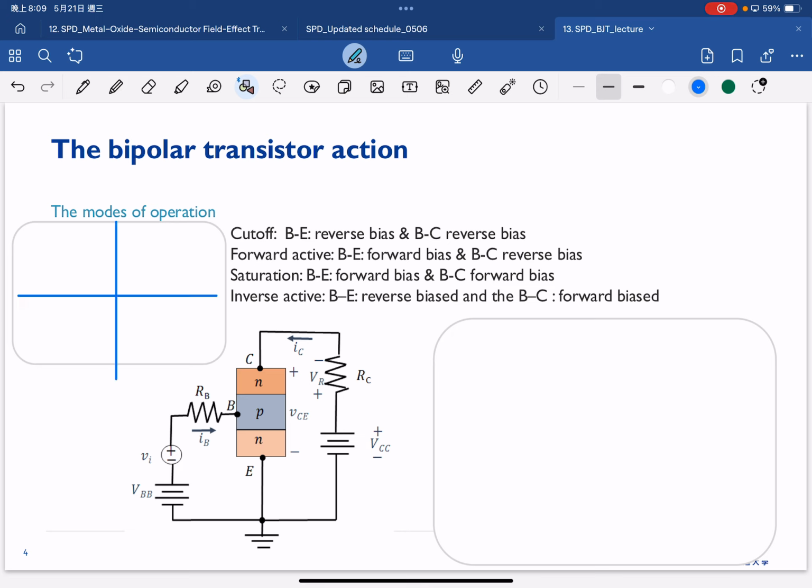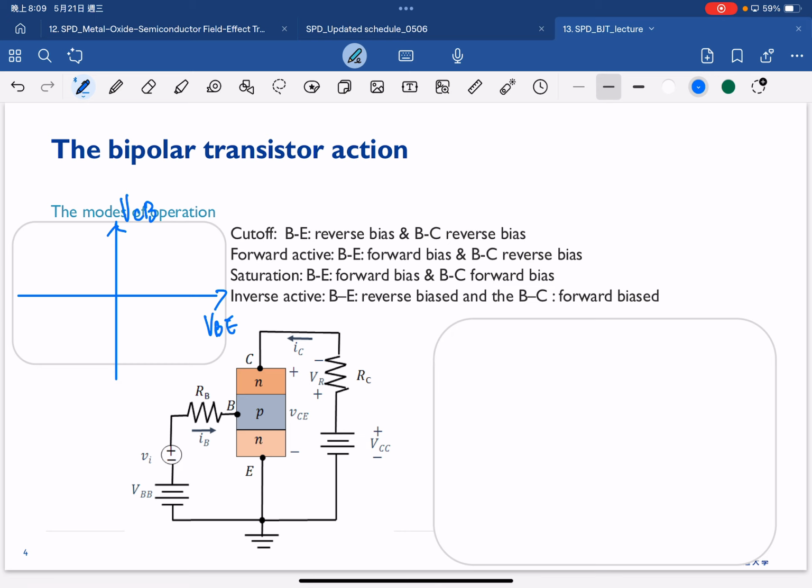First of all, because we have two PN junctions here, we have to consider the bias between the collector and base, which we call VCB, and the bias between the base and emitter, which we call VBE.